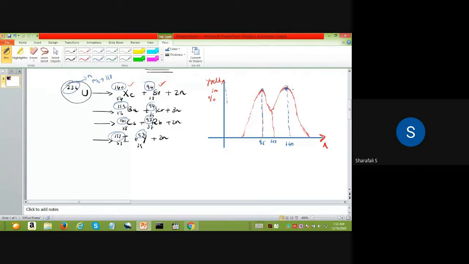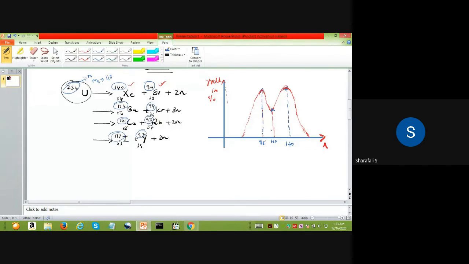Okay, and if you consider any nuclear fission with mass number A by 2, which means that the parent nuclei is exactly splitting into half, then the daughter nuclei will be having similar mass.